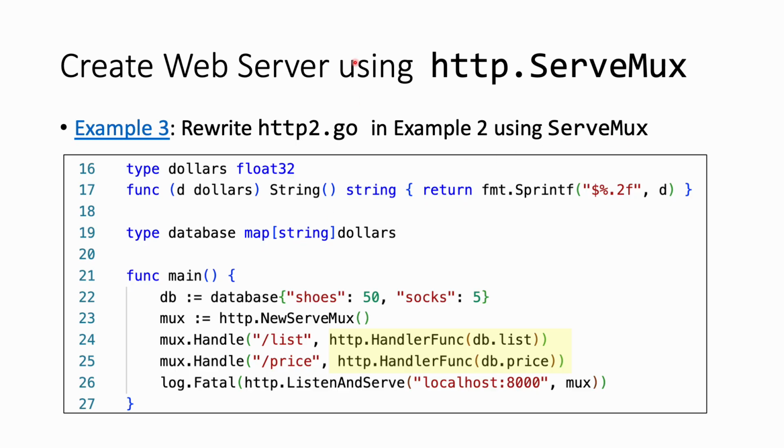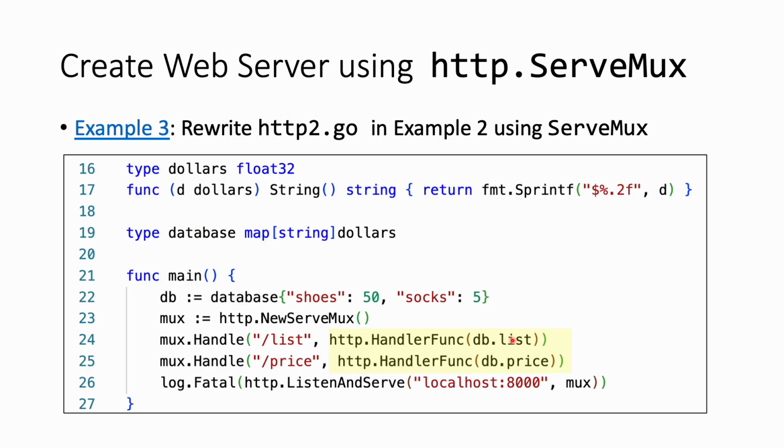Here we define the database type as in example 2, but we don't make it satisfy the http.Handler interface. Instead, we will define two methods, list and price, of the database type.